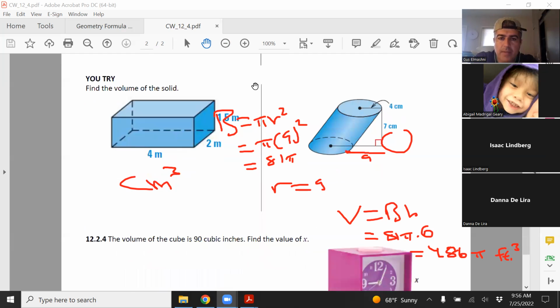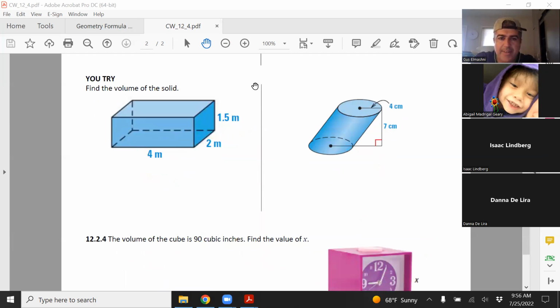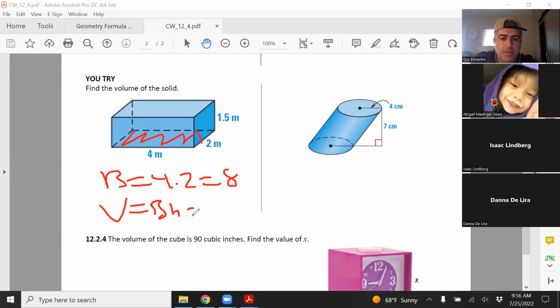So it's this here, you try. Not that hard. Your base is a rectangle here. 4 times 2 is 8. Volume is capital BH. 8 times 1.5, you get 12. Okay. Same thing here. Even though it's slanted, that's still the height.